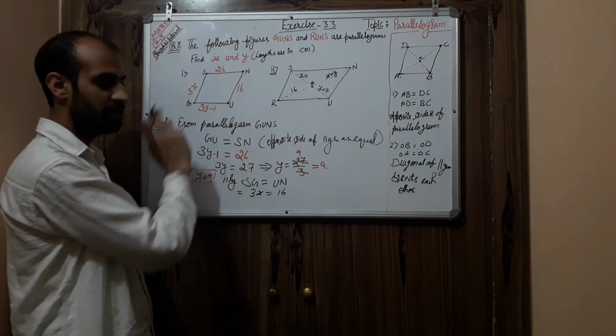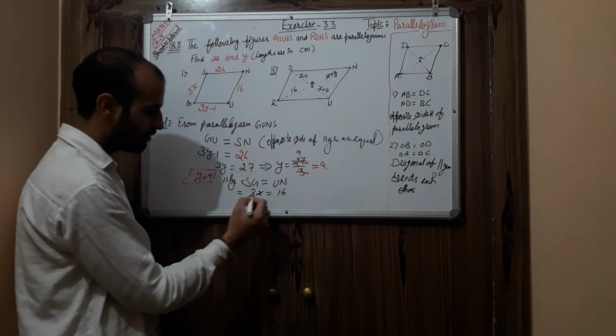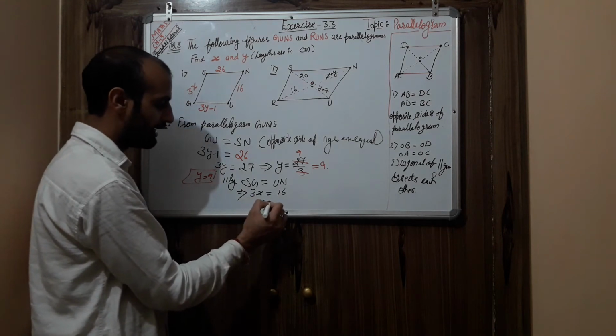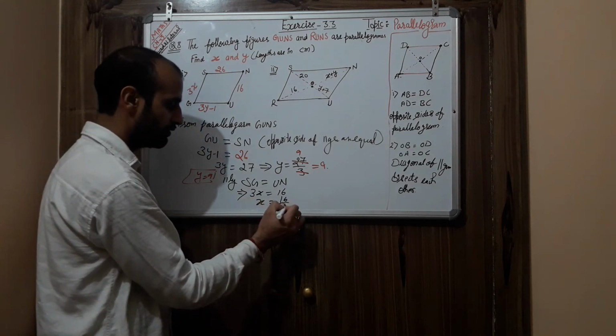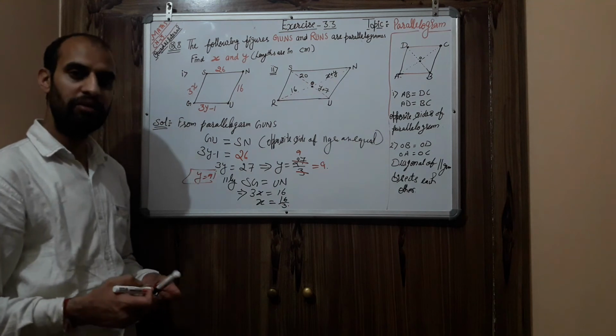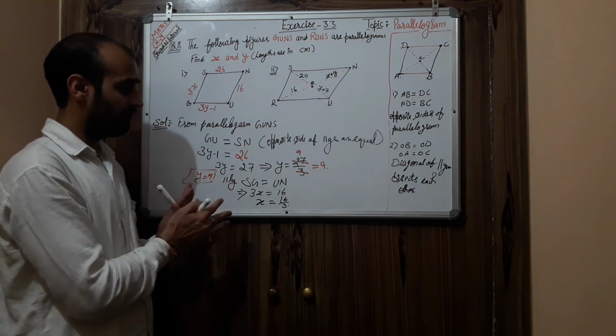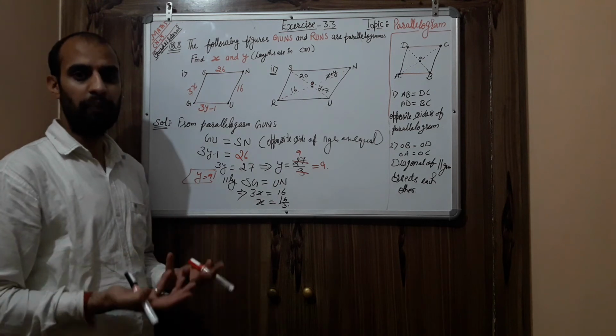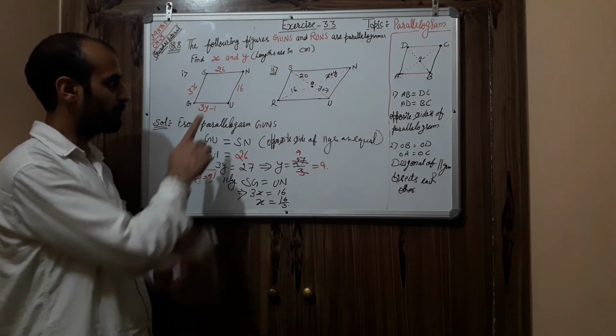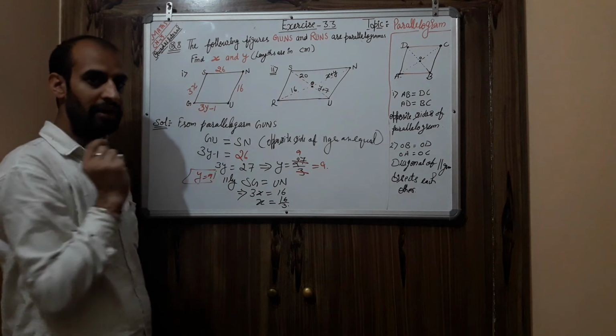By solving you will get x is equal to 16 upon 3. In this way you can solve, my dear students, such questions where we are finding values by using properties of parallelogram. Here we use the first property, opposite sides of a parallelogram are equal.